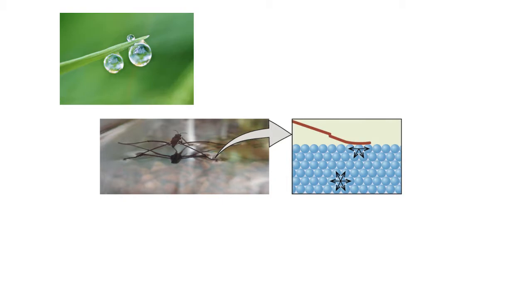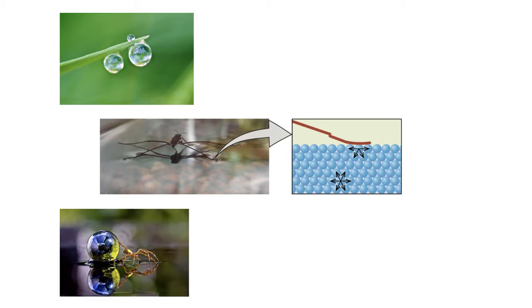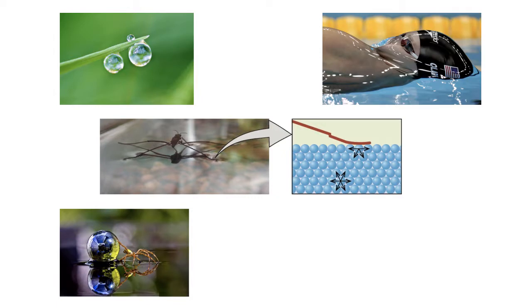It makes spherical water droplets. And here's a couple pictures of that, in fact. This one shows both effects, a spider walking on the surface of the water and a water droplet forming. It can also have some interesting effects because water sticks together pretty well.